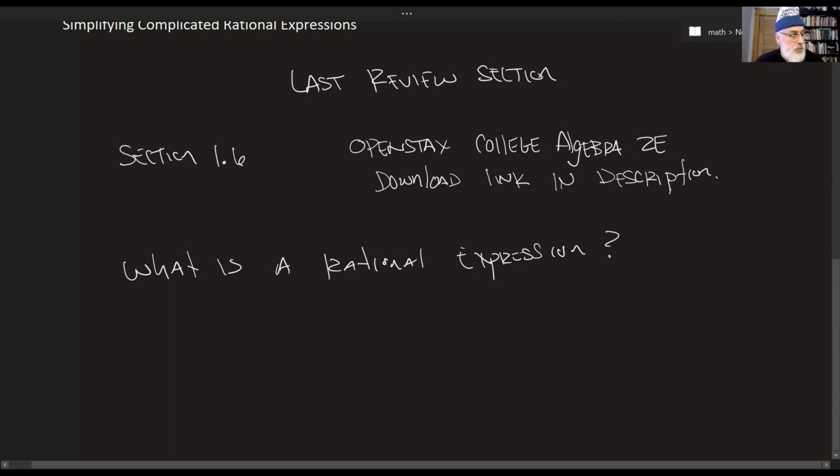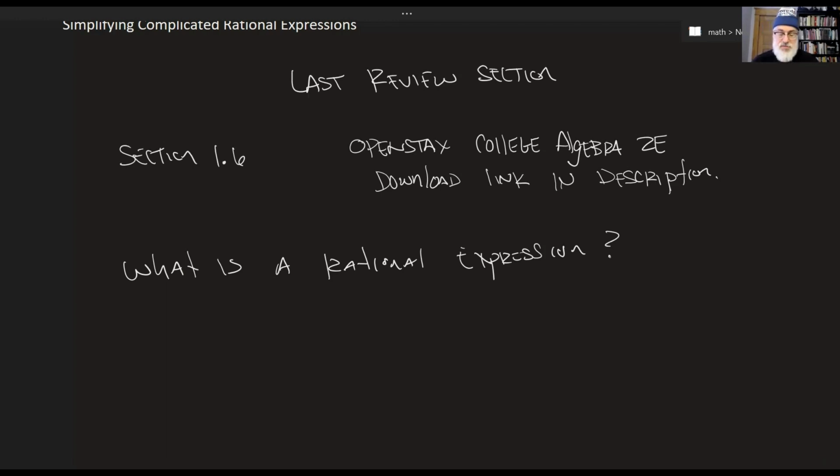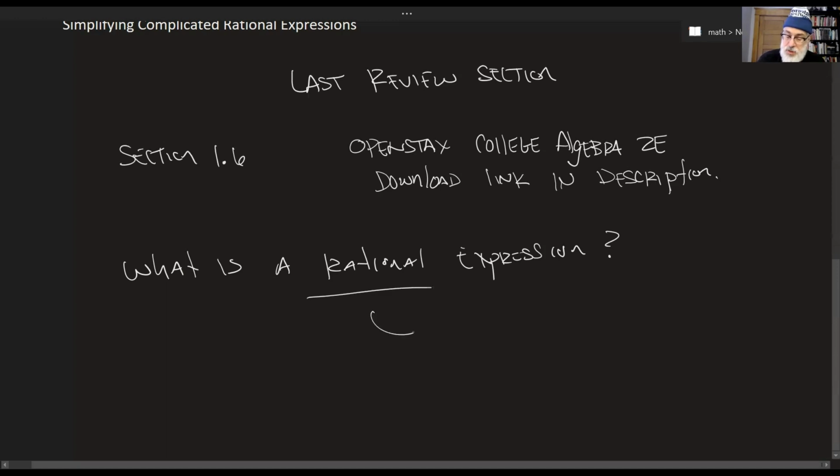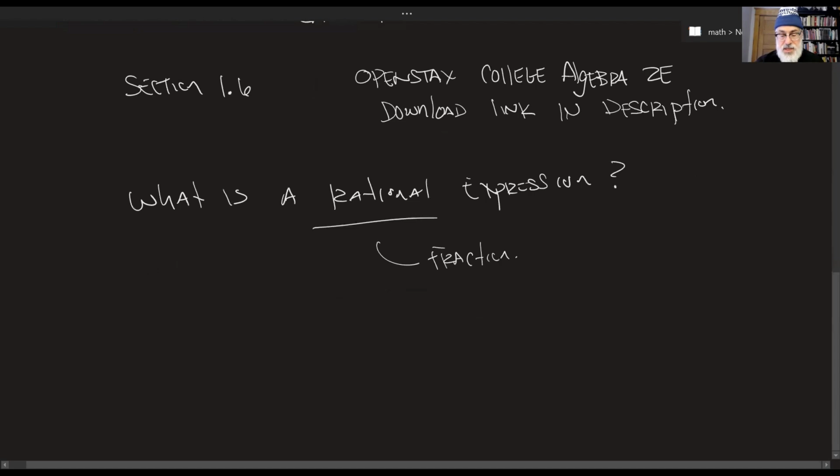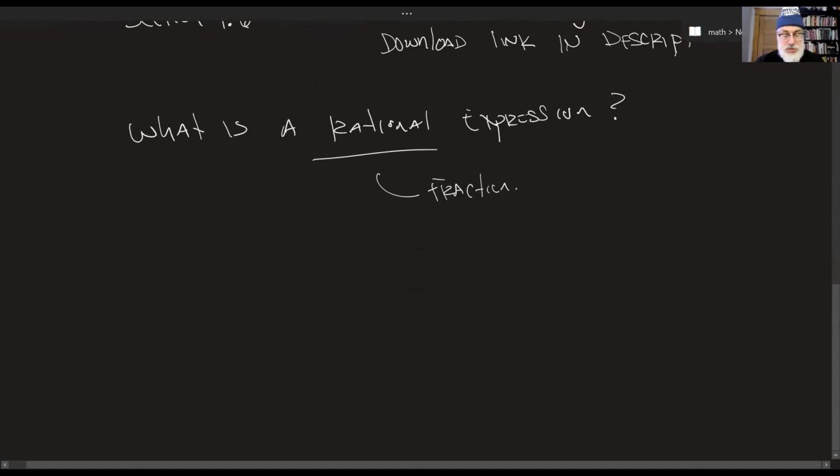Not to be confused with rational numbers, but in the same context, it's a fraction. Rational, we think of as a fraction. So it is like a rational number in that it can be expressed as a fraction, but where they differ is that a rational expression is essentially a polynomial fraction.